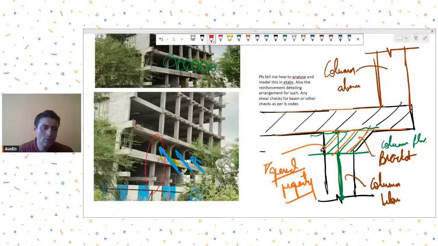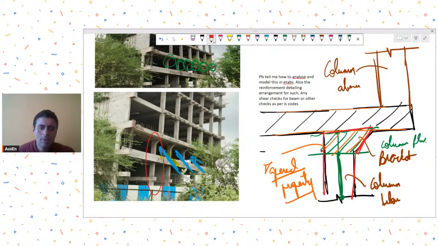So instead of modeling these columns as line elements, you model them as wall elements, and at this region, you do the flaring by creating these wider walls like this.